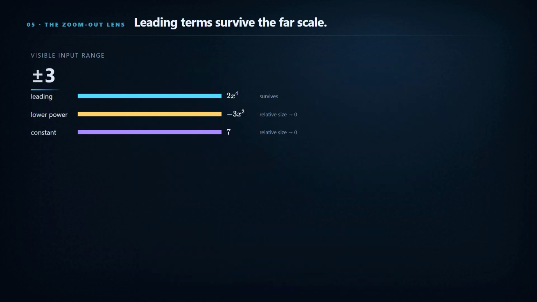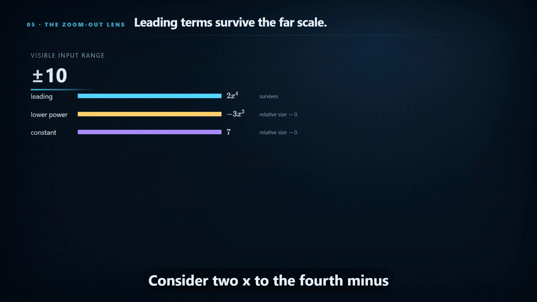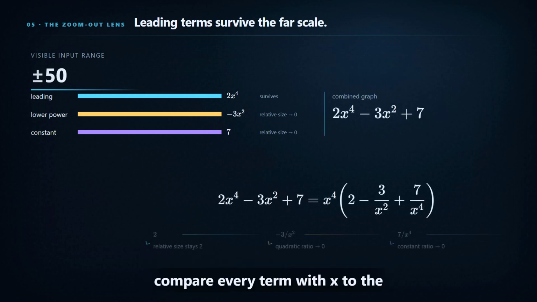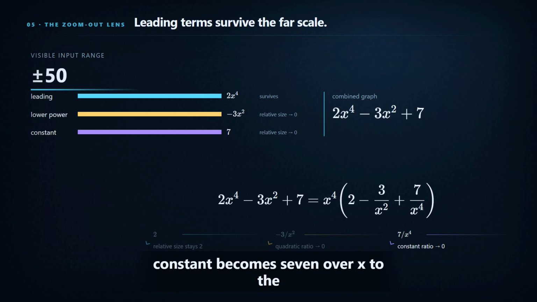Complicated formulas become simpler when we look far enough away. Consider 2x to the 4th minus 3x squared plus 7. Near the origin, all 3 terms visibly shape the graph. But compare every term with x to the 4th. The constant becomes 7 over x to the 4th.